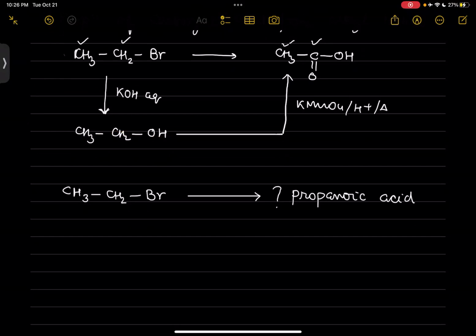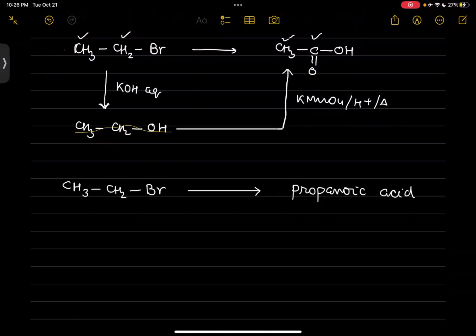Does it have the same number of carbon atoms or have they increased?